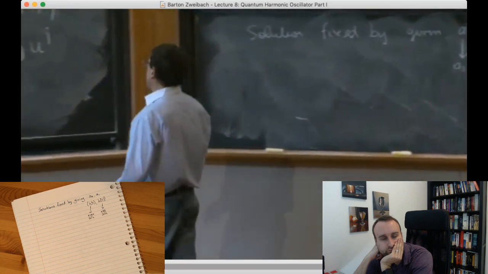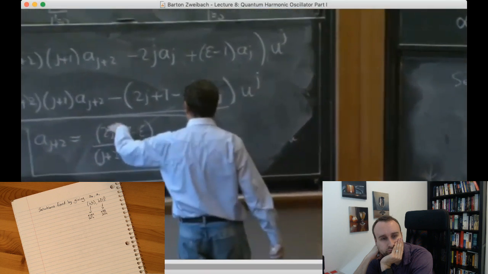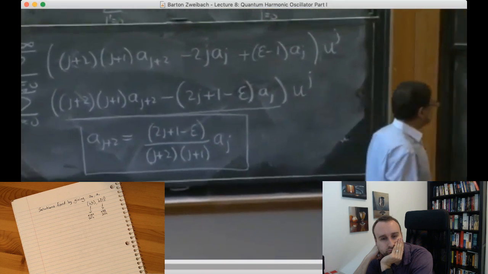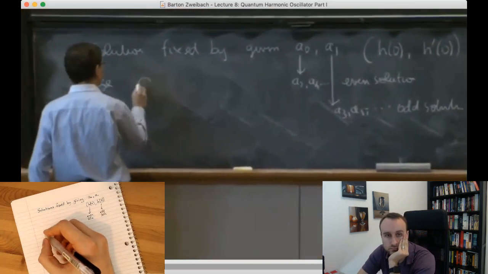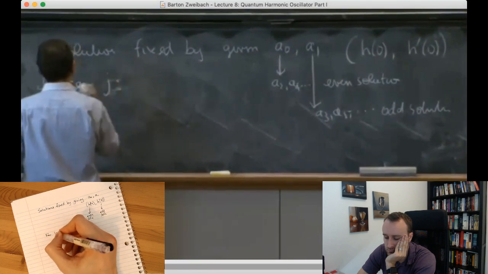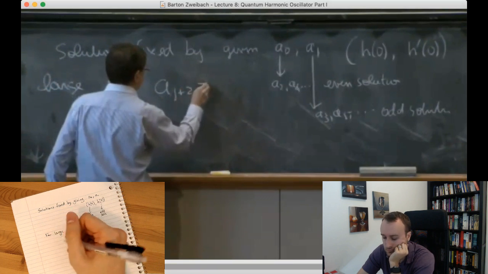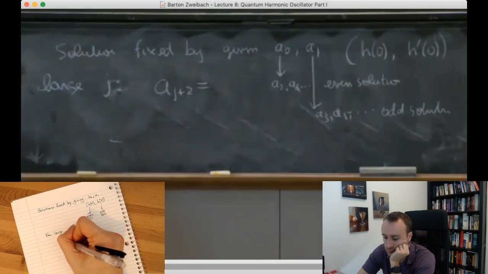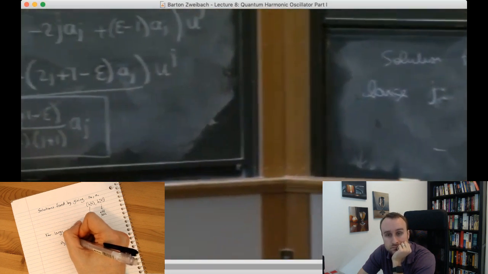So let's see what happens eventually when the value of the J index is large. For large J, A_{J+2} is roughly equal to, for large J, whatever the energy is, sufficiently large.